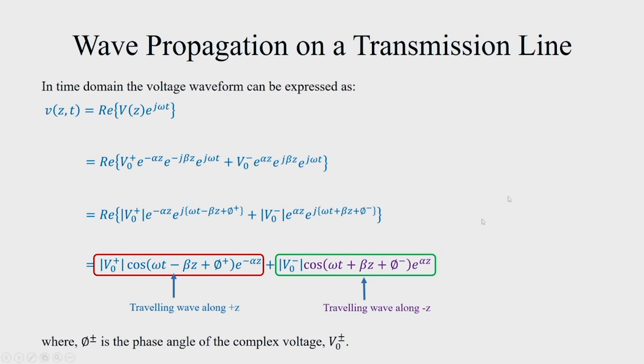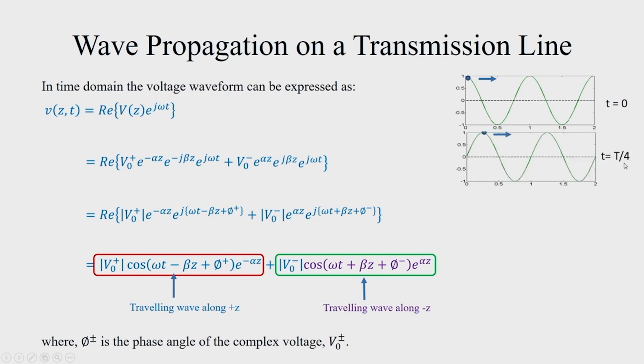So, with this assumption, let us now plot this first equation. We can see that at t equal to 0, this equation as a function of z can be plotted as shown, and let us follow the movement of one particular point on this wave which is marked here.